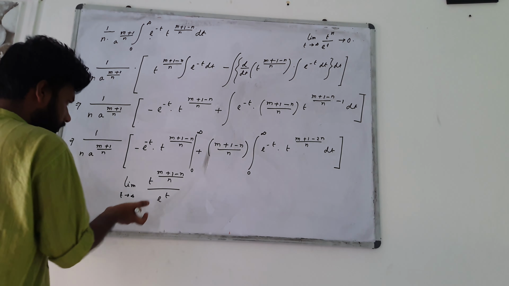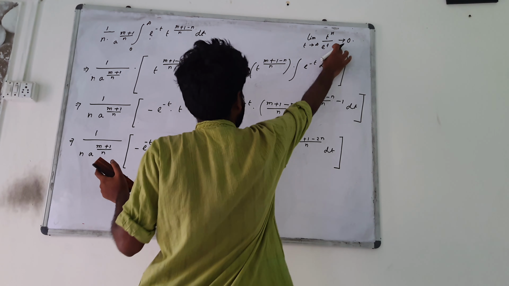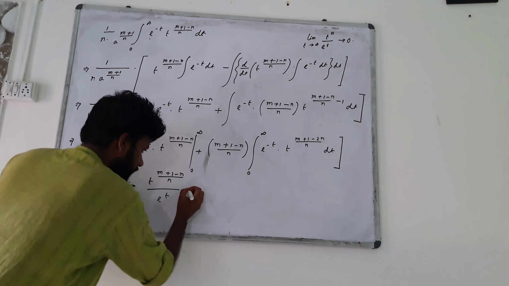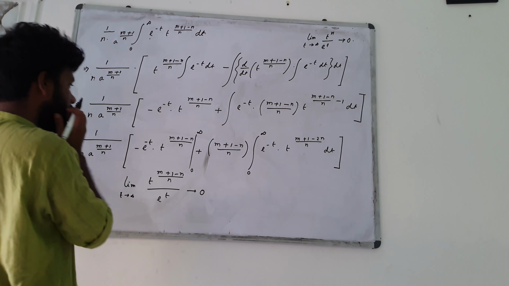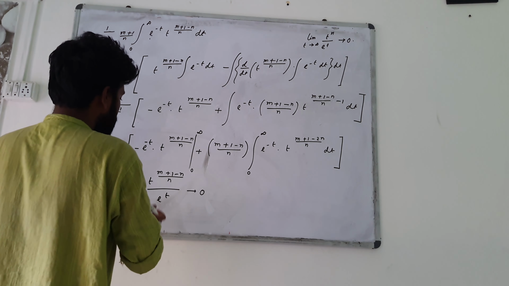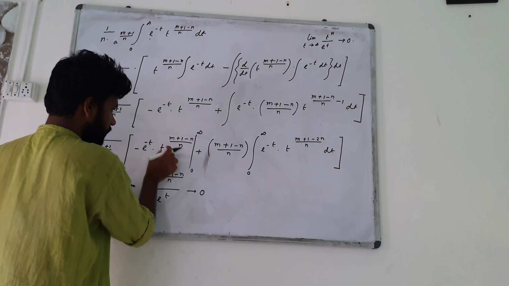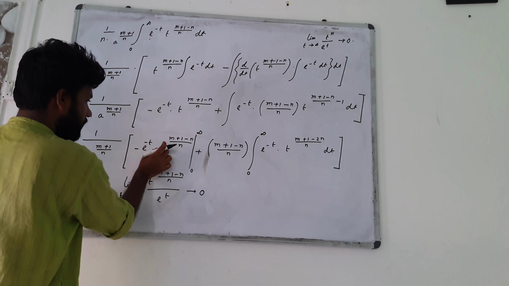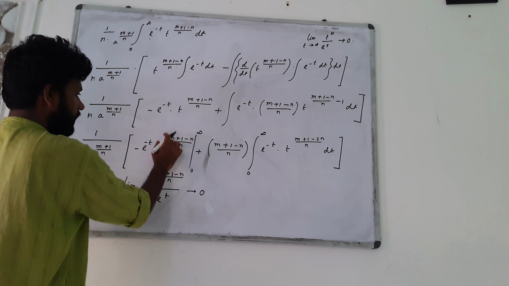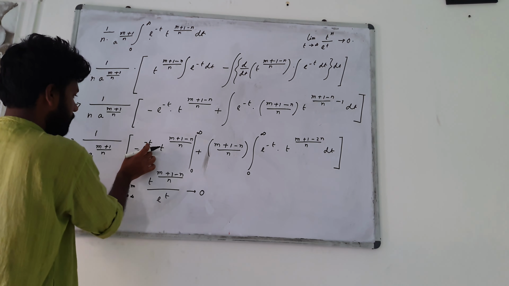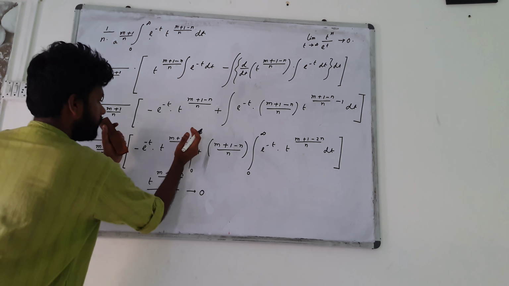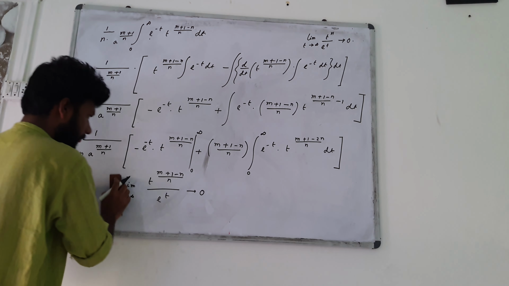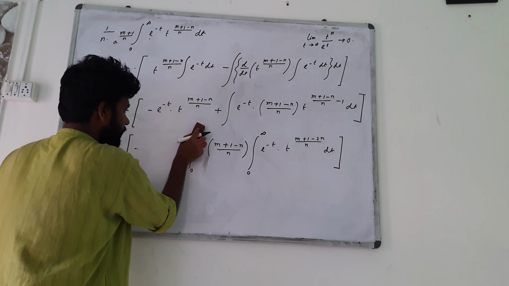So from this it will become a zero value. And then if you use the lower limit t equals 0, then 0 power anything will be 0, and 0 into something will be 0. So first of all, this will go to 0 value. It will vanish.